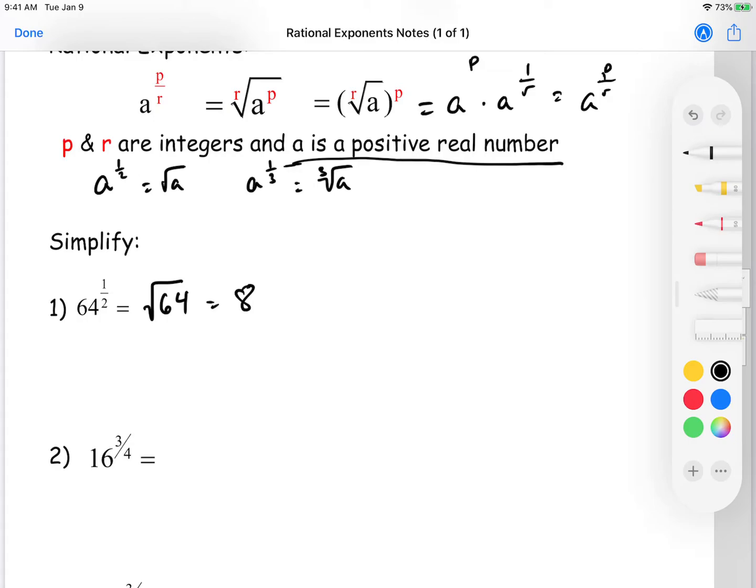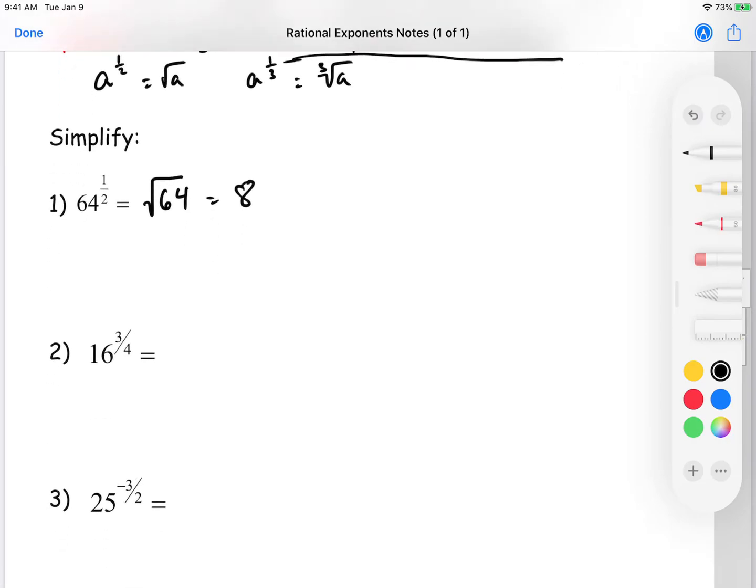Now, if I look a little bit harder, if I go 16 to the 3/4, applying our rules, remember that the denominator is the root and the numerator is the exponent. So 16 to the 3/4 would be the fourth root of 16 to the 3rd power.